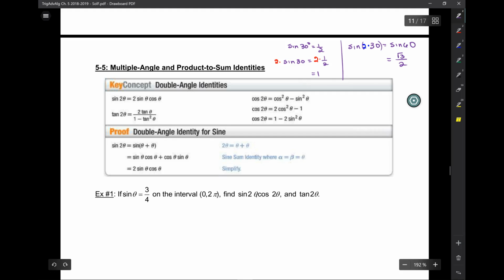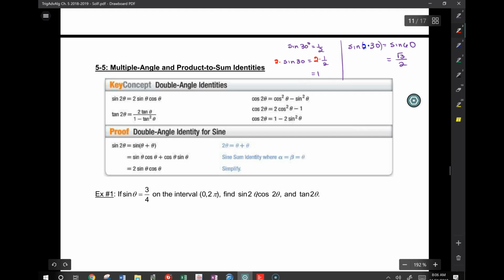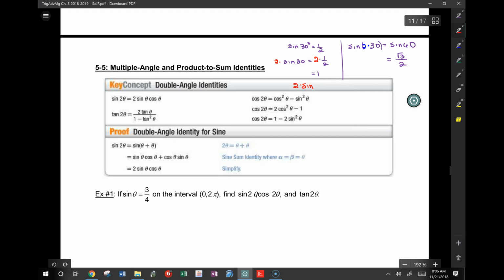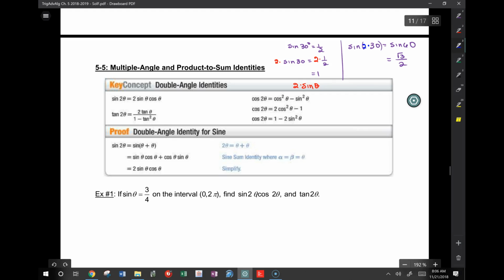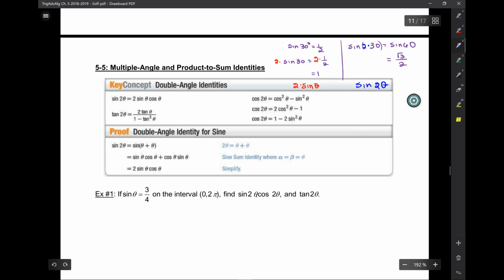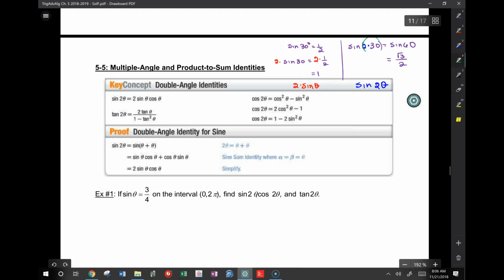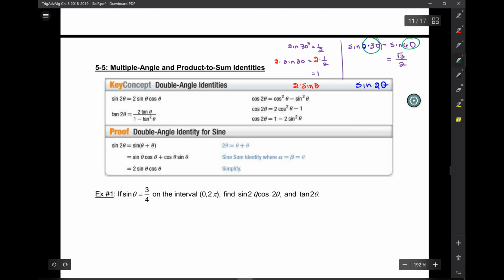Do you see that there are two different operations here? One is 2 times sine of theta, where you just find the sine and you double it. Or you have sine of 2 theta. In that case, the entire angle will change from 30 degrees to 60 degrees. So we're looking at a completely different part of the unit circle.